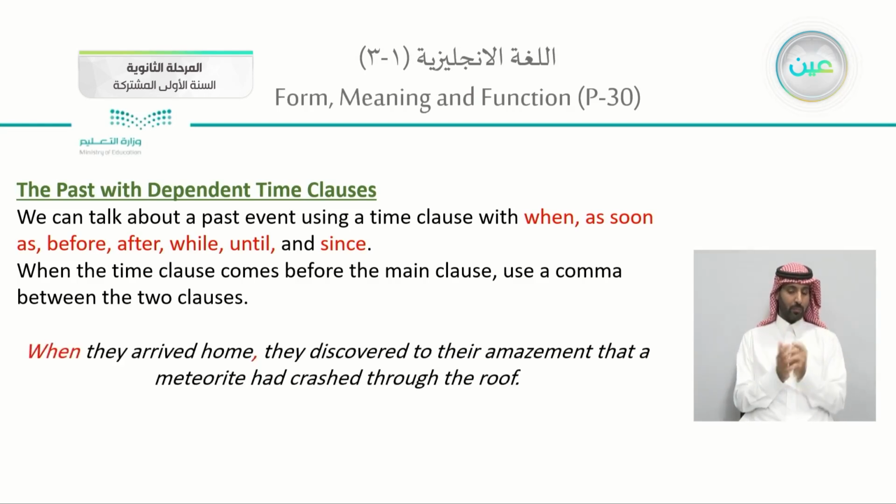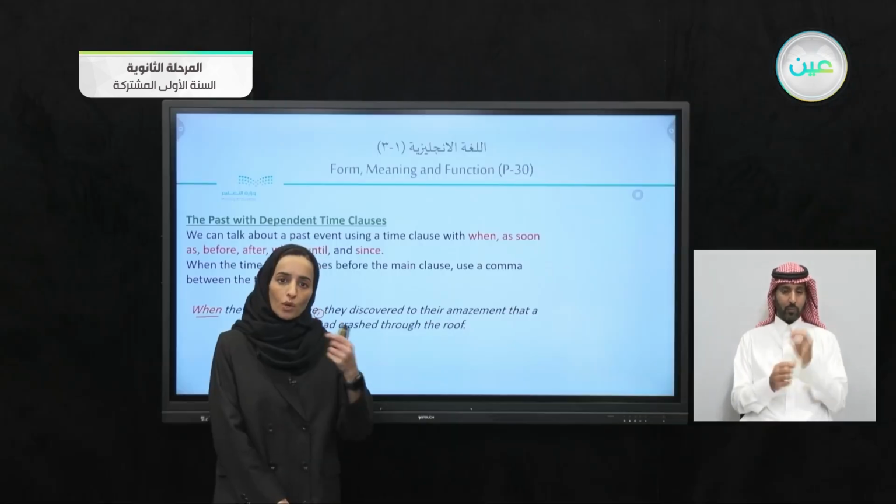So here, when they arrived home, they discovered to their amazement that the meteorite had crashed through the house. We started with when, that's why we have a comma here. It is the time clause. It tells you when this thing happened.